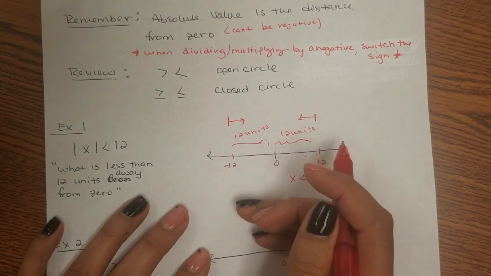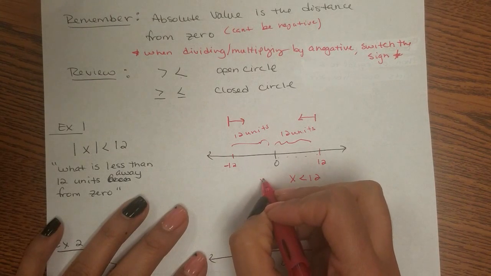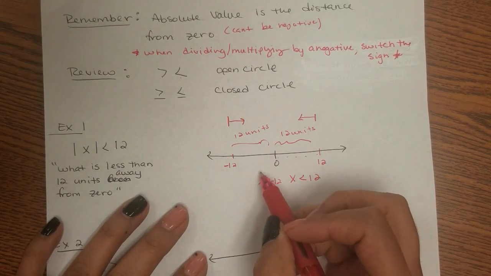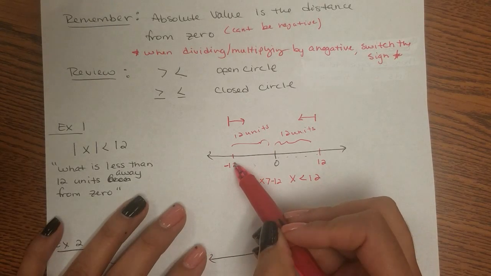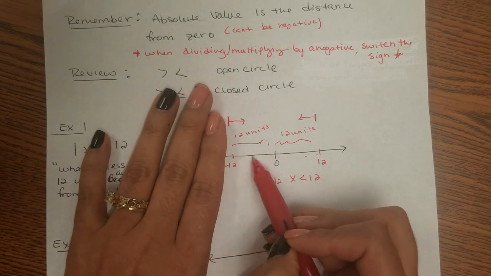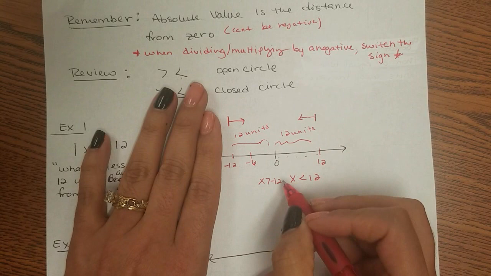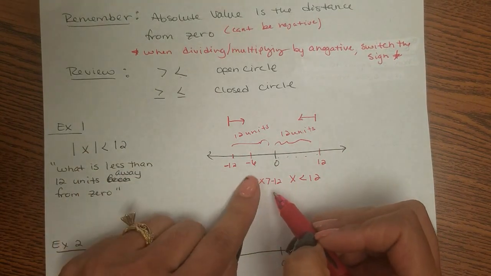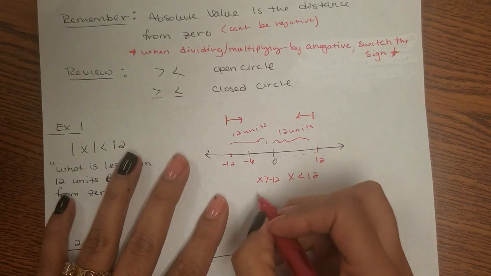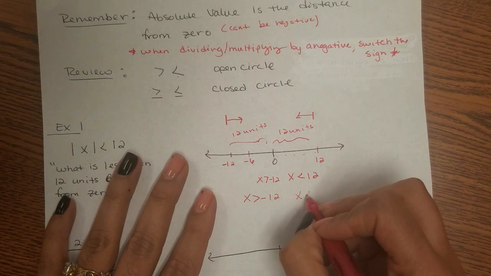So I could say x is less than 12, but x is also greater than negative 12, right? Less than 12 units could be like negative 6, but negative 6 is actually greater than negative 12. So I have two values here: x greater than negative 12 and x less than 12.